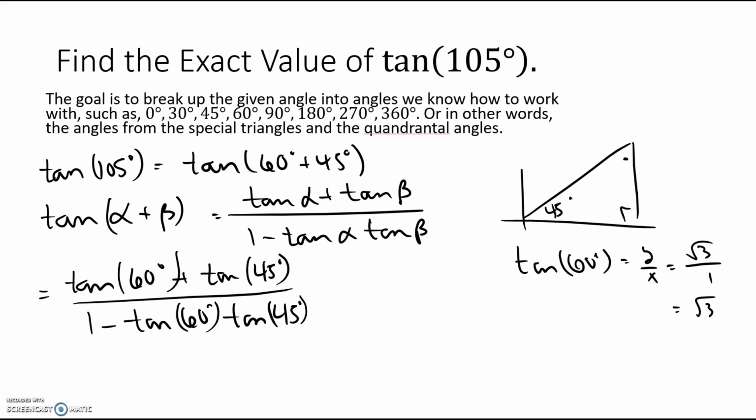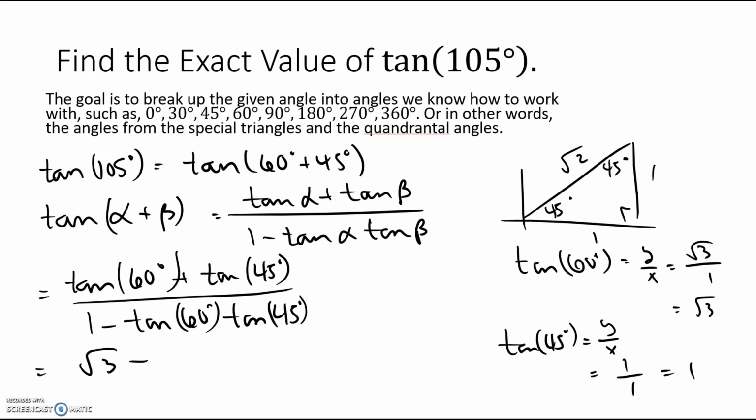So 45 be 1, 1, square root of 2, tangent of 45, y over x. Y is 1, x is 1, so this will be 1. So we have the square root of 3 plus 1 over 1 minus the square root of 3 times 1. So we have the square root of 3 plus 1 over 1 minus the square root of 3.